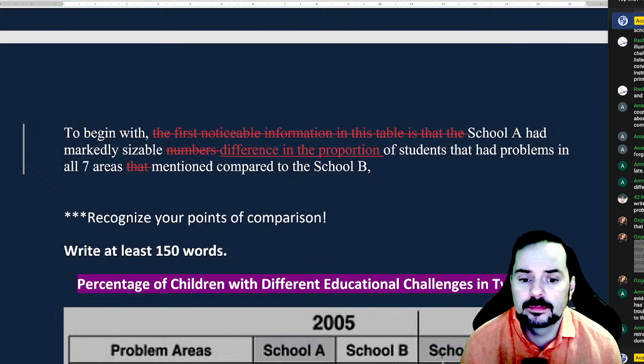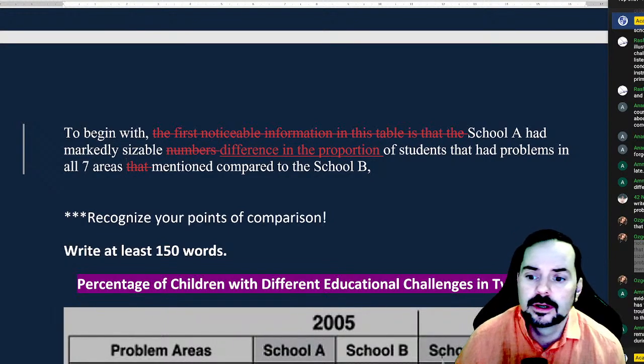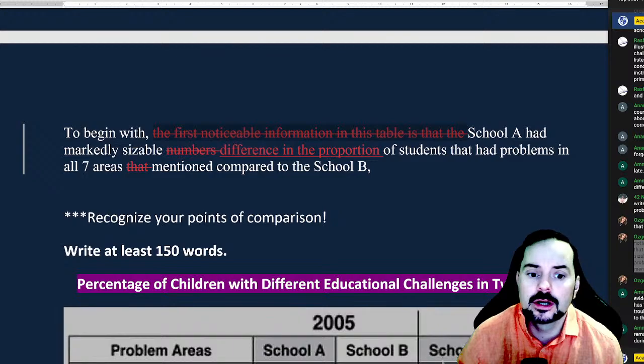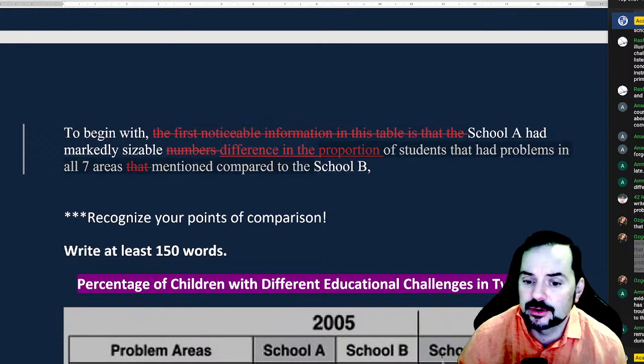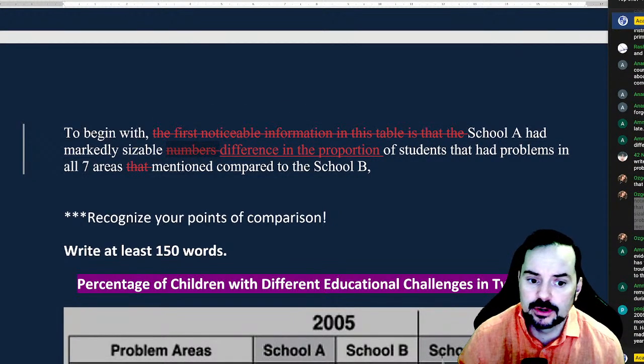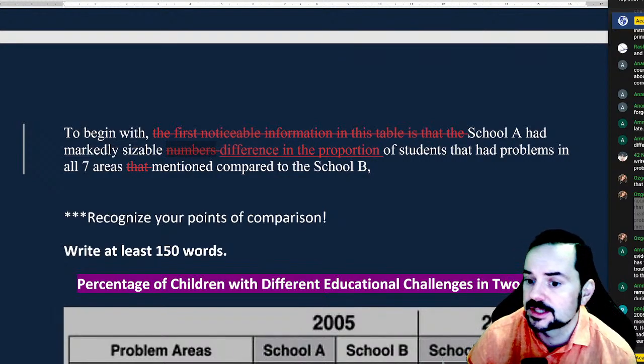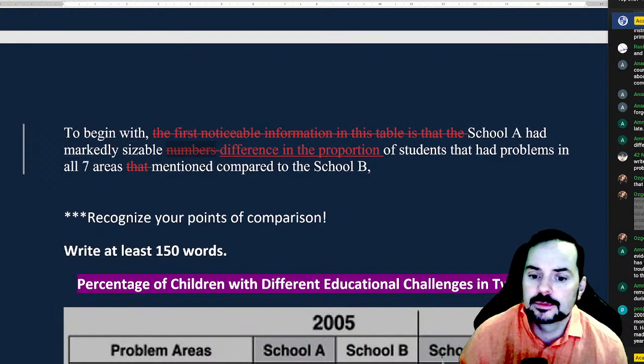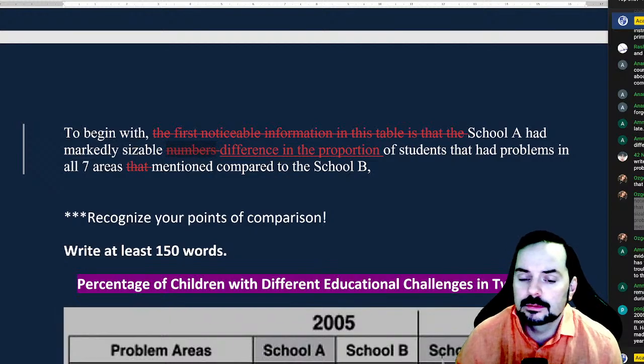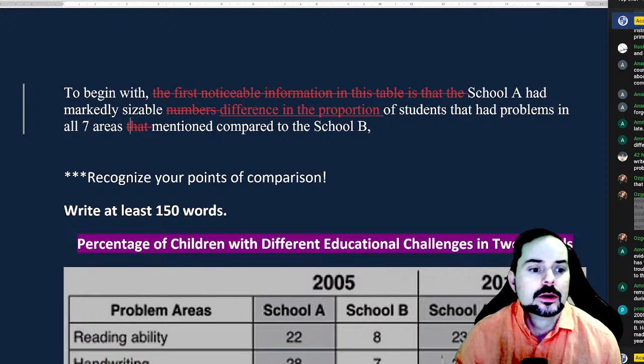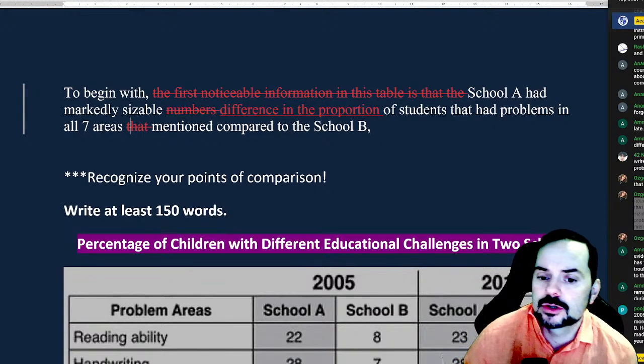Because it's redundant, so you have a lot of unnecessary information here, and it's not accurate information because you're talking about numbers and the table is talking about percentages. So careful not to confuse numbers and percentages, okay?